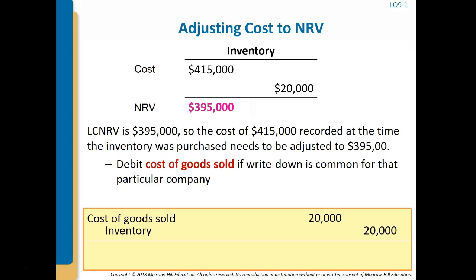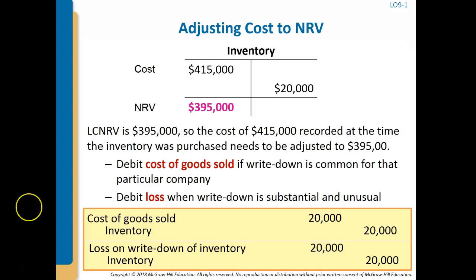However, when a write-down is substantial and unusual, it should be recorded in a loss account instead. That loss must be expressly disclosed in the financial statements. This can be accomplished with a disclosure note alone, or by also reporting the loss in a separate line of the income statement, usually among operating expenses.